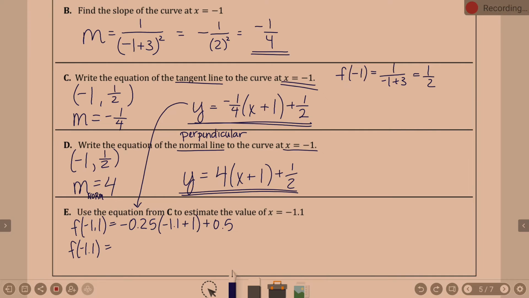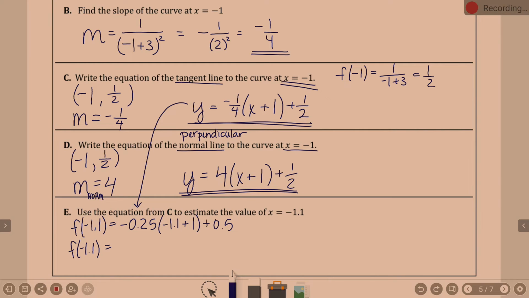Okay, reset. Use your brains. -1.1 plus 1 is going to be -0.1. Okay, -0.1 times -0.25. A negative times a negative makes it a positive. 0.1 times 0.25. What's that extra decimal place going to do?